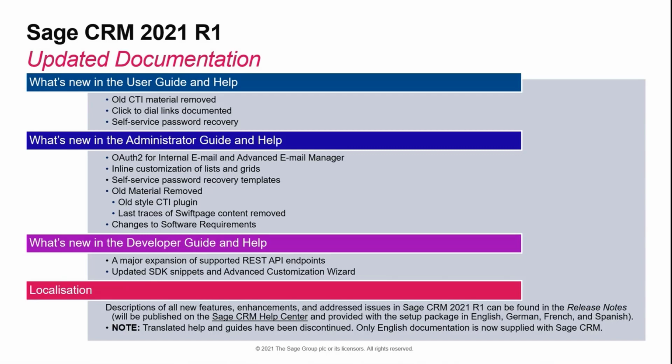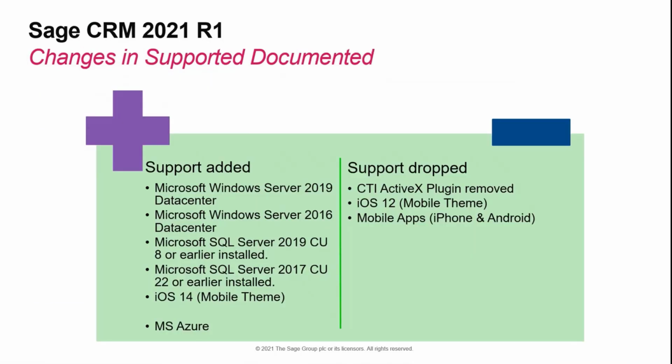Right. The release notes is the place to go, and this is about 50% larger than normal release guides. This is a big release. Okay. Changes in support environments, as ever. That's an ever-moving feast. What have we got for that? Well, I mentioned the added support for Windows Server 2019 and Windows Server 2016.